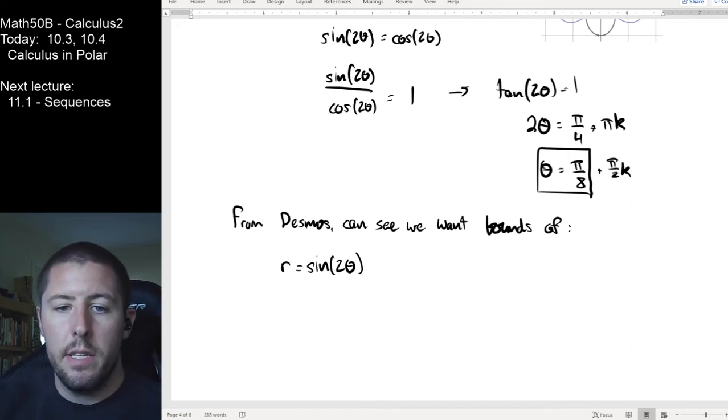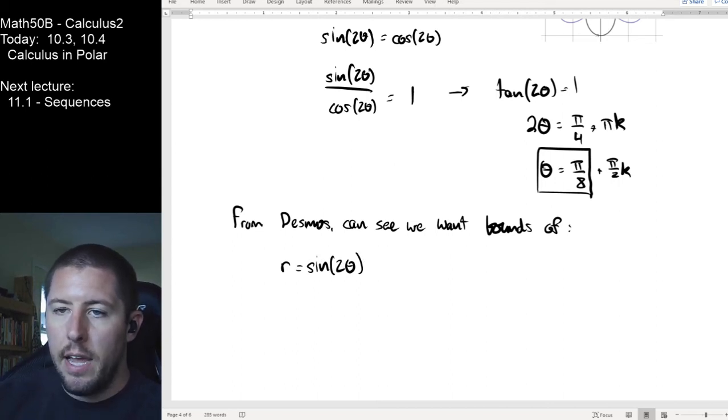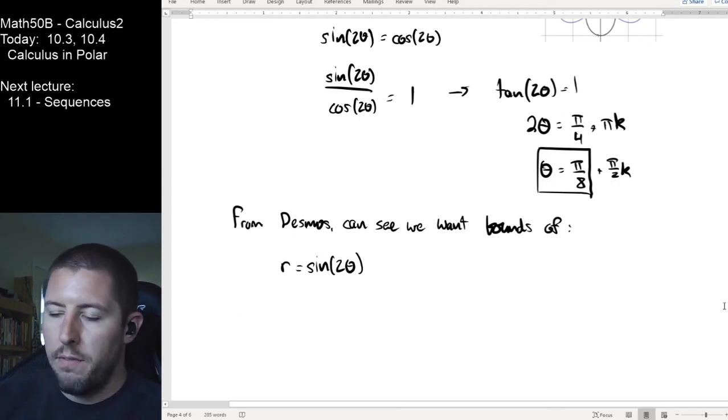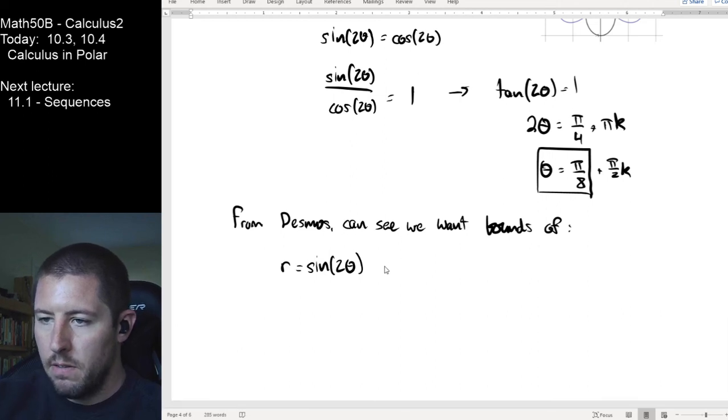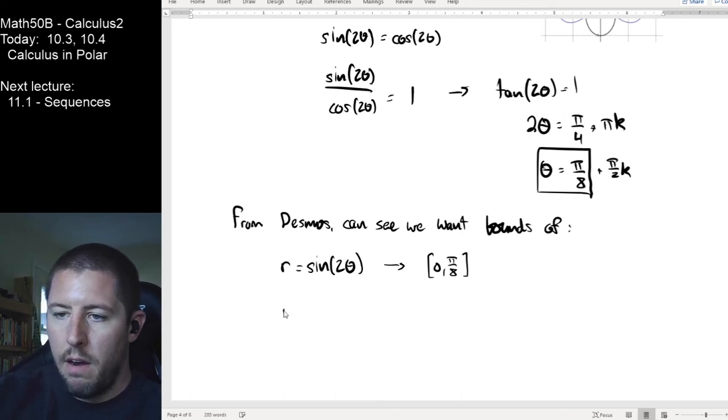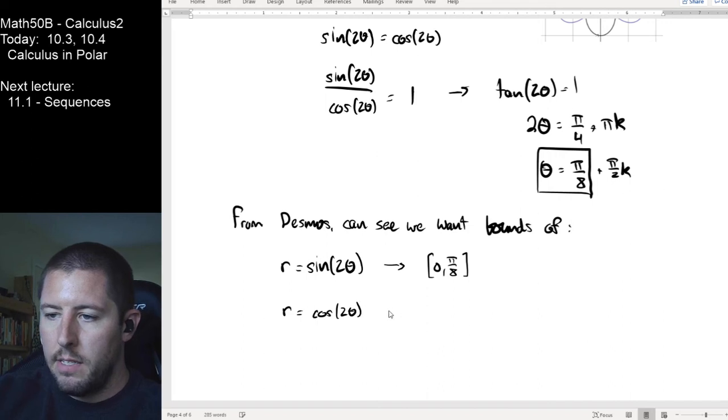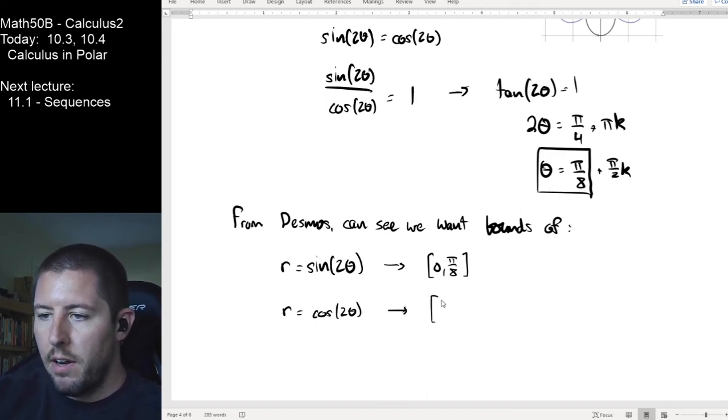From Desmos, we can see that we want bounds of, for the r equals sine of 2 theta scenario, the sine equation was the one that we saw went from 0 to pi eighths. And for our r equals cosine of 2 theta, it seems like the bounds of interest for that little chunk were the pi eighths up to pi fourths. Okay.